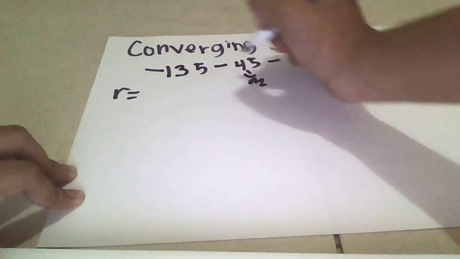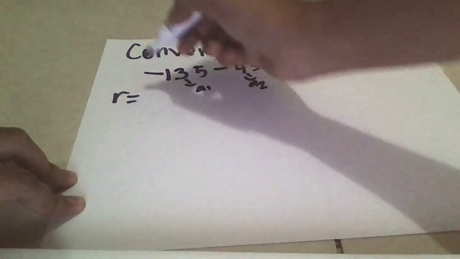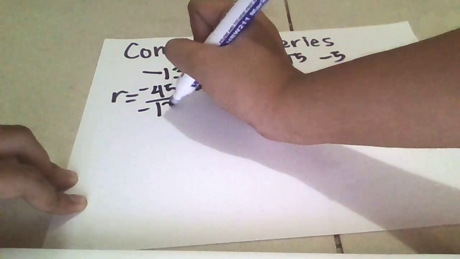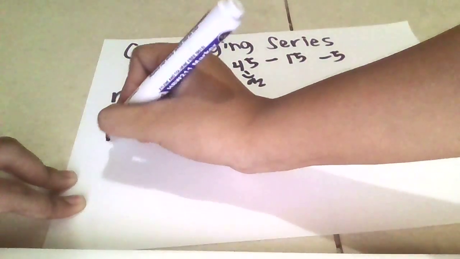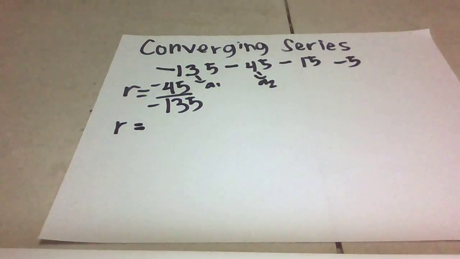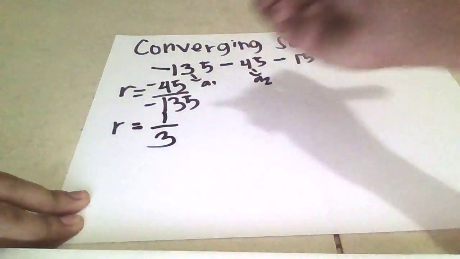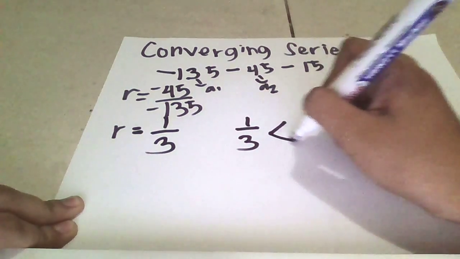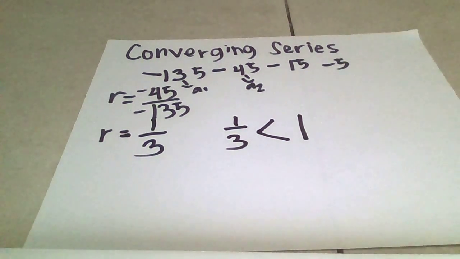So your r is 45 over 135, so your r is 1/3. So 1/3 is less than 1. So this is a converging series.